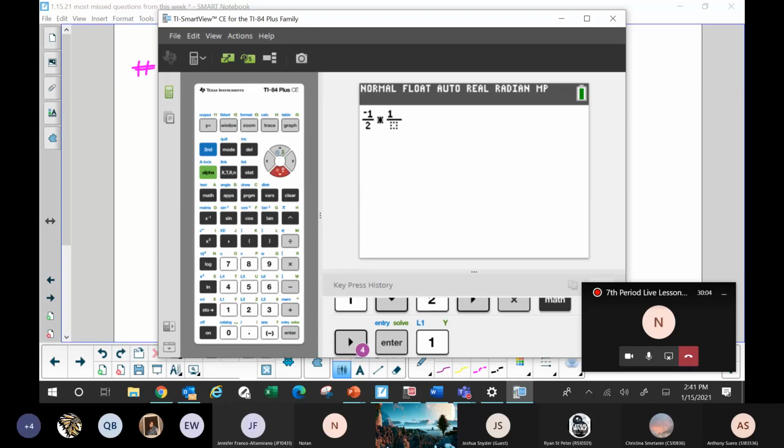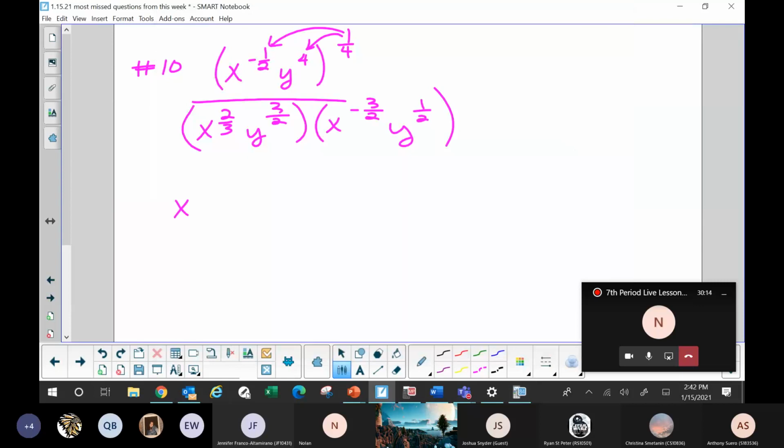Sorry, it's kind of slow to do this way, but I just wanted you to see how it's done. So you get negative 1/8. That's how you do that in the calculator.